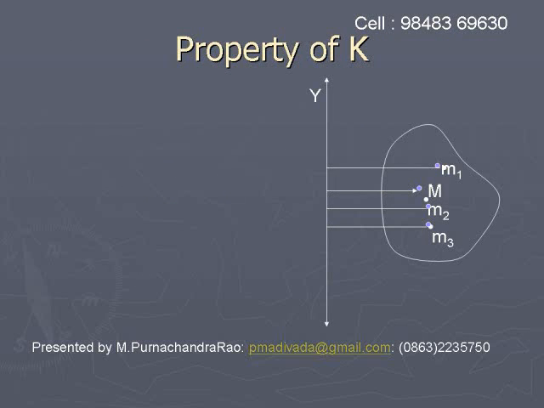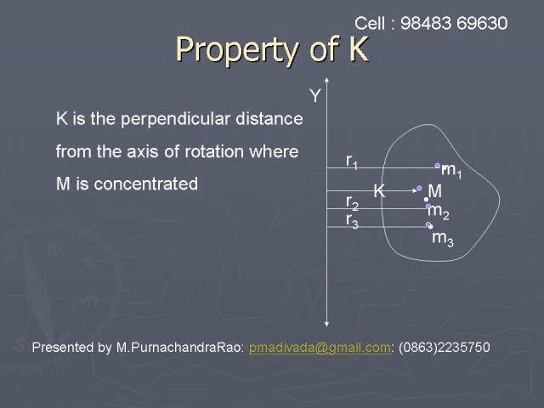To understand the radius of gyration, let us see the figure. In the figure, small m1, m2, m3 and so on are the masses of the particles, and capital M is the total mass of the body. The distances of small m1, m2, m3 are r1, r2, r3, and the distance of capital M is k. This is the radius of gyration.